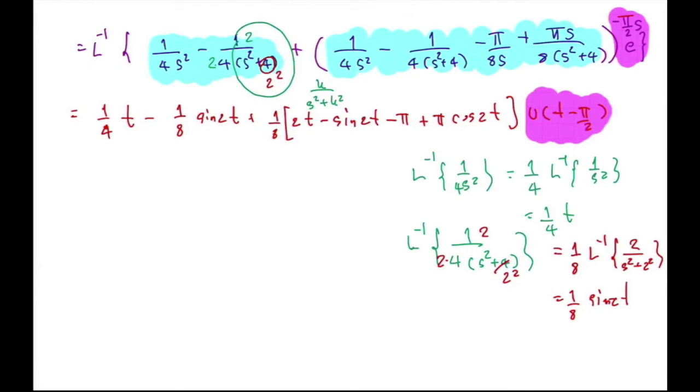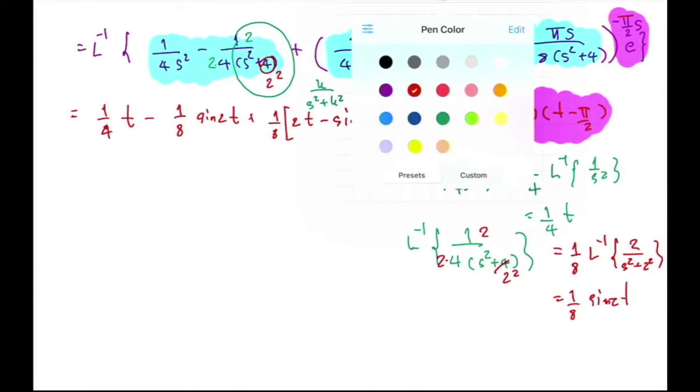That's why you get sine 2t here, and you get 1 over 8. And this one as well, you can pull out minus pi over 8 times the inverse Laplace transform of 1 over s, which is just 1. And similarly here you have s divided by s squared plus 2 squared, and that becomes cos 2t, and then you get pi over 8 here.